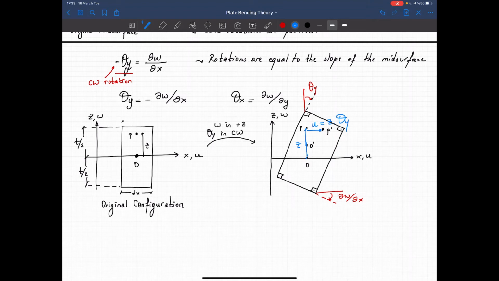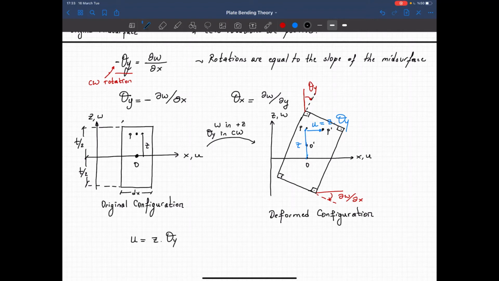Okay. And this is the deformed configuration. Now, from the deformed configuration, I get u as equal to z times theta y.